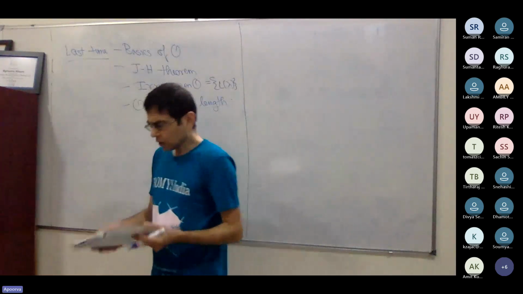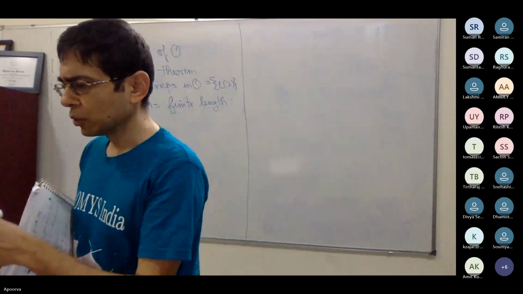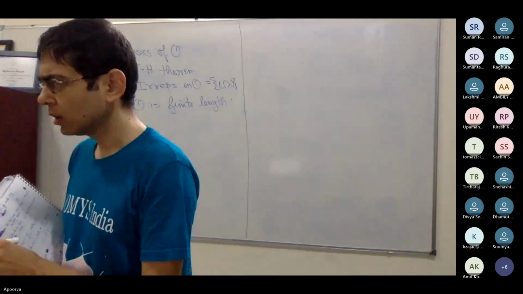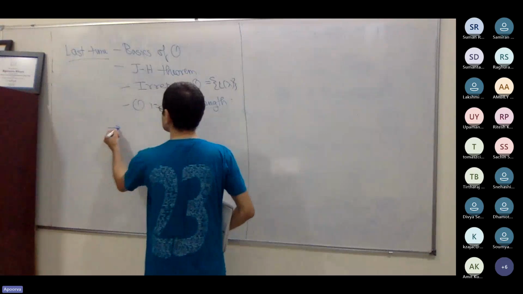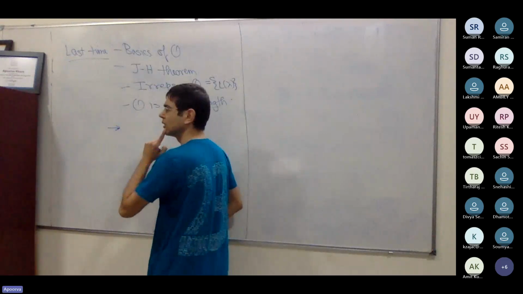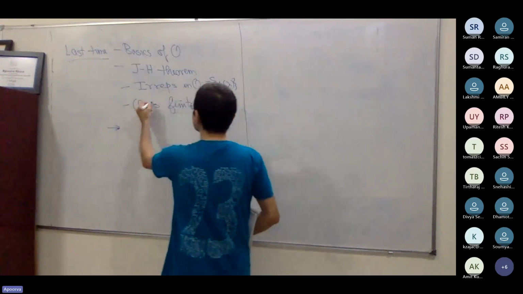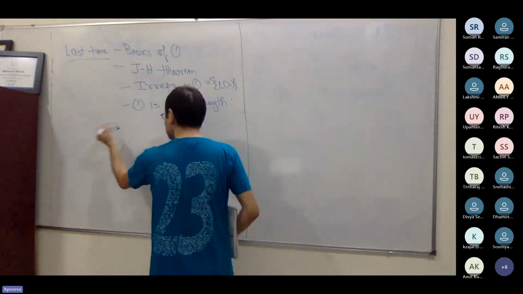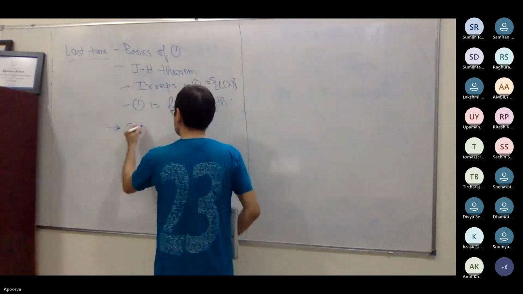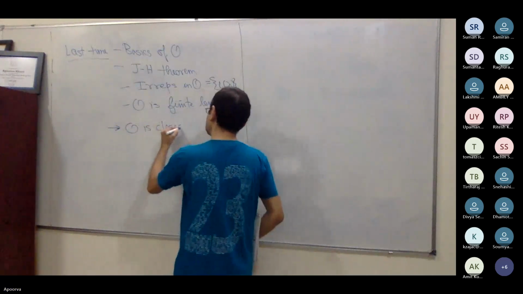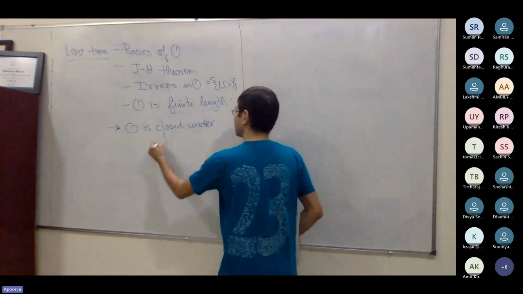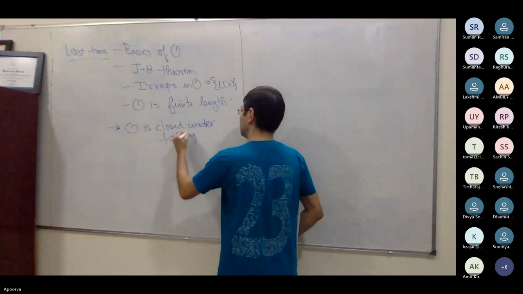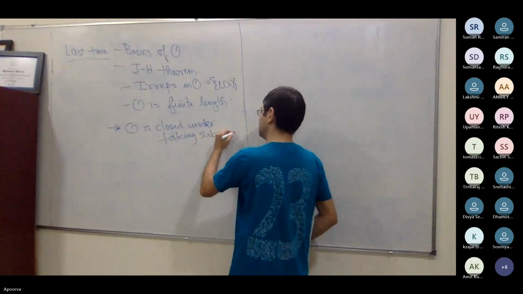Then in the tutorial, what did we do? We proved that category O is finite length, and therefore category O is closed under taking submodules.